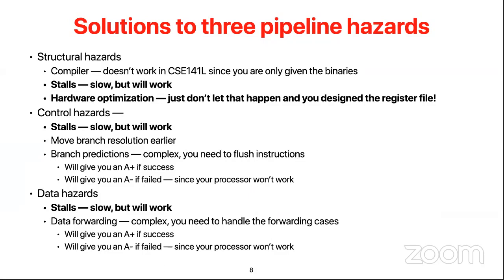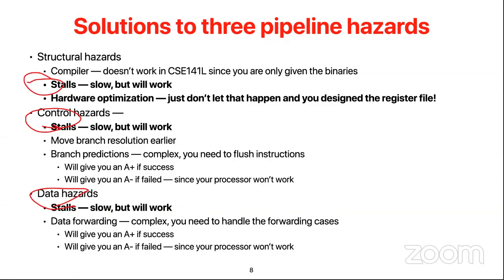Through the 141 class, you should already have learned the solutions to these 3 different types of pipeline hazards. If you look at the solutions carefully, stalling is the only technique that applies to all 3 types of hazards.